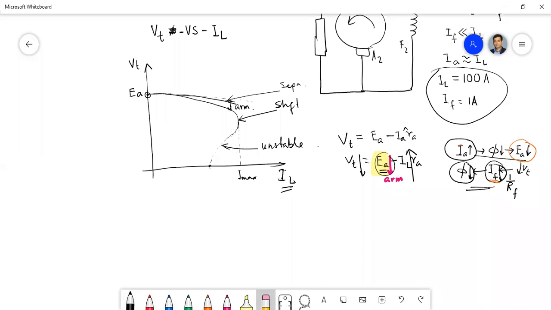Have you understood these two points, how we are getting these two characteristics? Yes, sir. Okay, so therefore, voltage regulation. Sir, this Imax which you have shown, is this greater than the full load current?